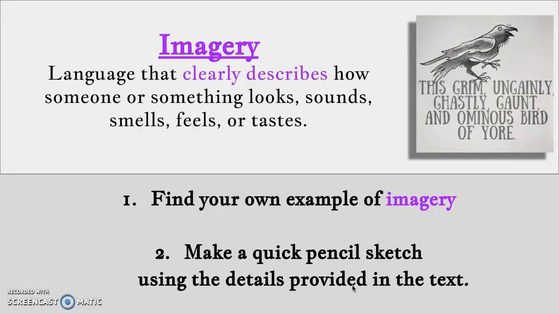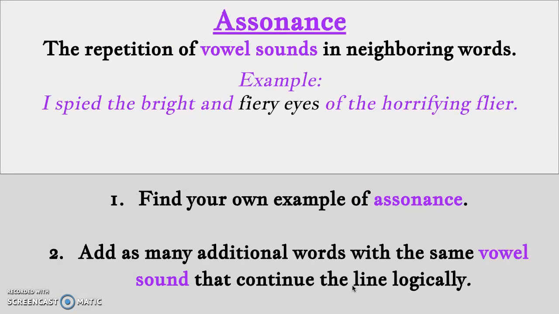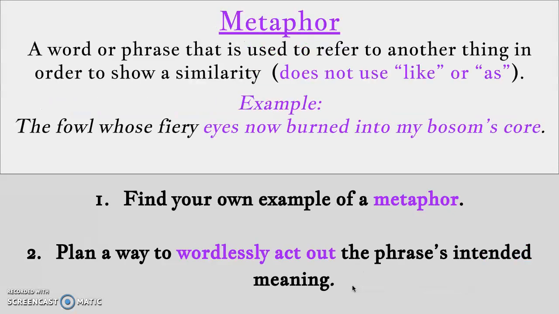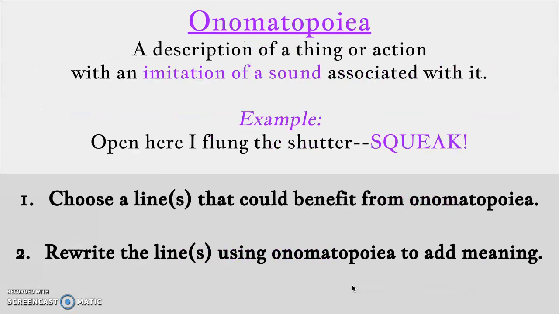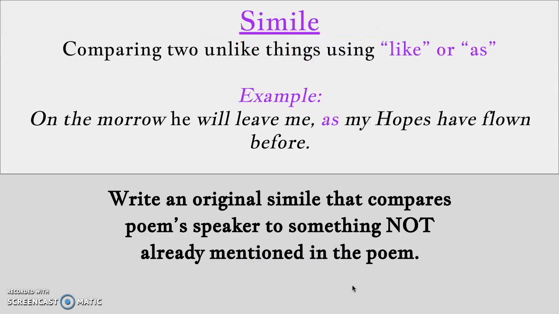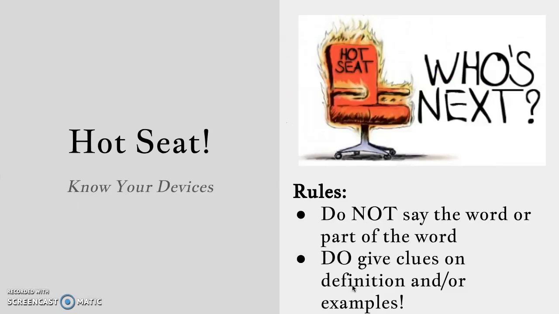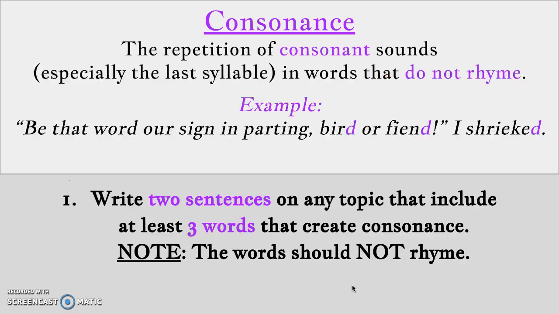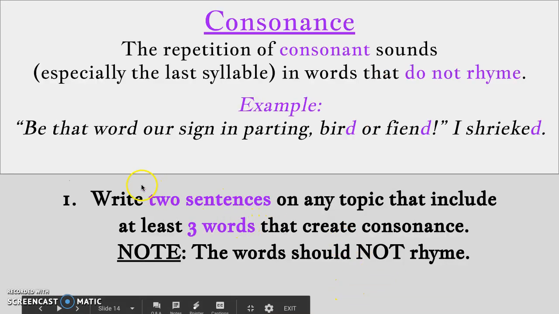So they look at several other literary devices as well: imagery, assonance, metaphor, onomatopoeia, internal rhyme, simile, consonants, and those are the literary devices that they work on. With each of these you'll see here, for consonants, same thing.